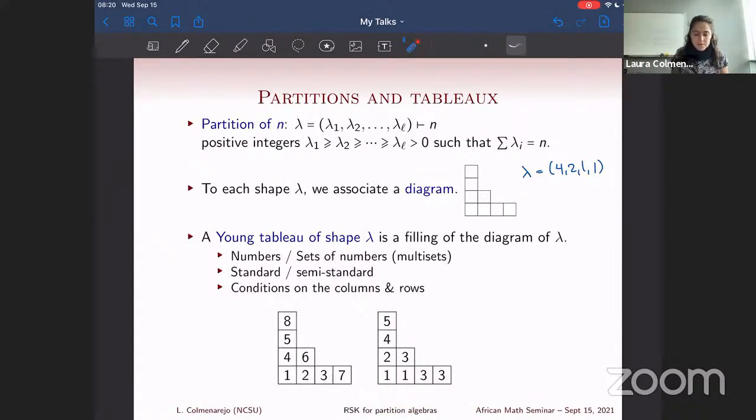The conditions that I'm going to stipulate for my columns and rows is that I can only have repetitions on the rows, and they need to be increasing in these 2 directions. So in this case, because I don't have repeated numbers, there are no repetitions on the rows, but these are weakly increasing.